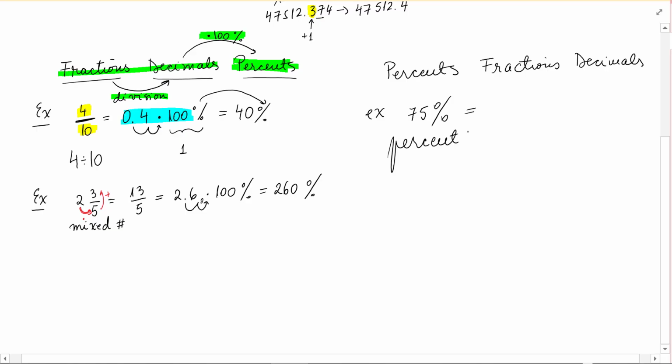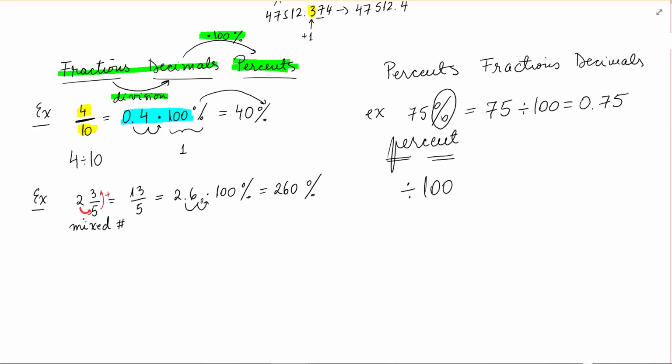Now, percent, if we split this into 2 words, means divide by 100. So basically, this symbol can be changed into 75 divided by 100, which is 0.75. So we change this from percent into a decimal.